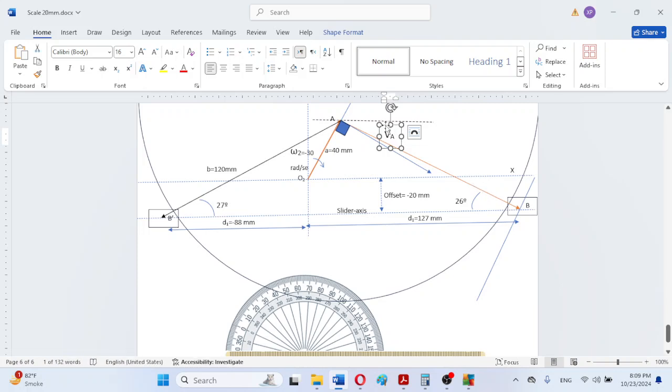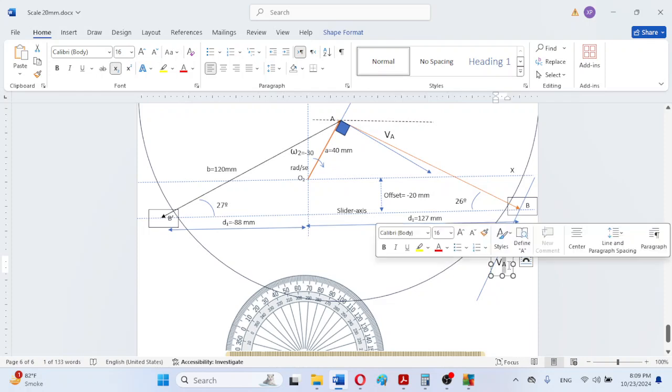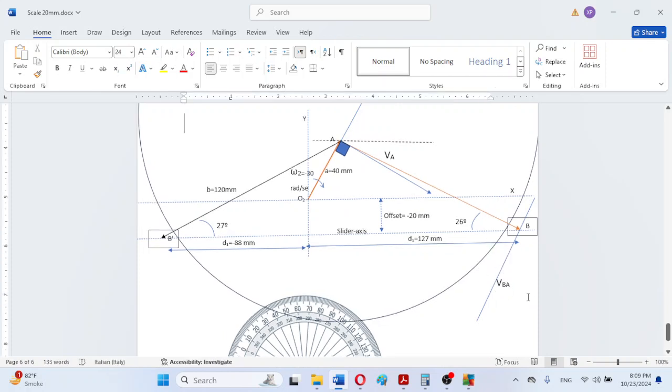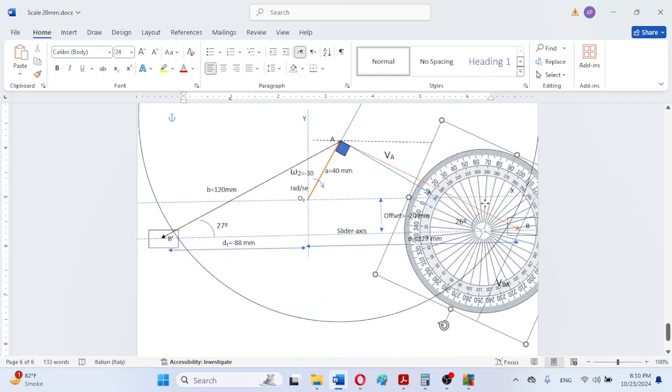So we can copy this label and paste it here and change it to VBA. So this is the velocity VBA line and its angle with the horizontal can be measured here.